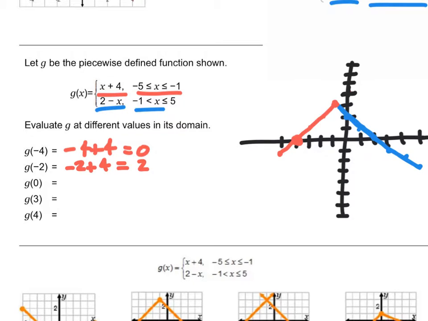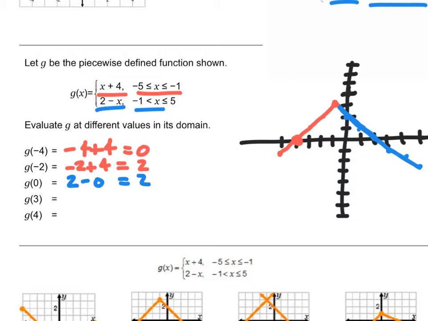Okay? Now, if I plug in 0, that domain is in between negative 1 and 5. So I have to use the bottom function when I'm plugging in 0. See how 0 is right here and it's on the blue function? So therefore, I have to plug in 0, and I just get 2 minus 0, which gives me a value of 2.